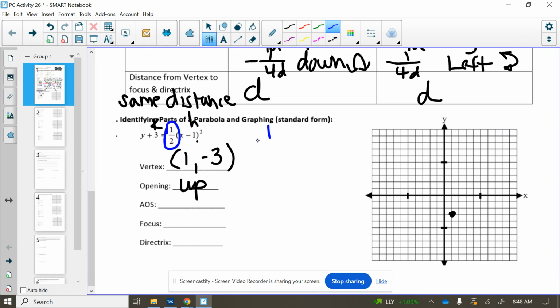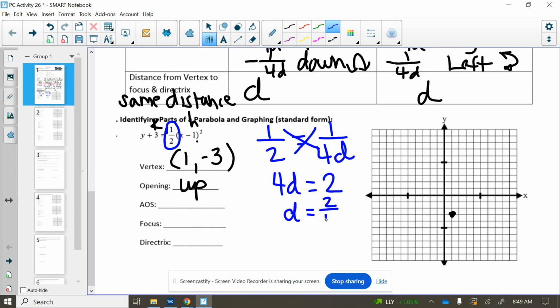We know that 1/2 equals 1/4 times d. If we cross multiply to solve, 1 times 4d is 4d, 2 times 1 is 2. Our d value this time would be 2 divided by 4, aka 1/2 or 0.5.